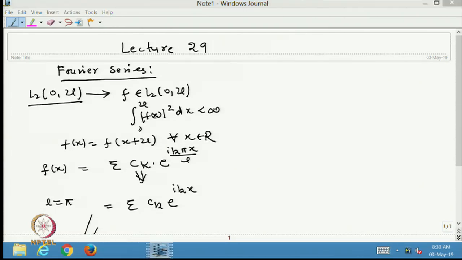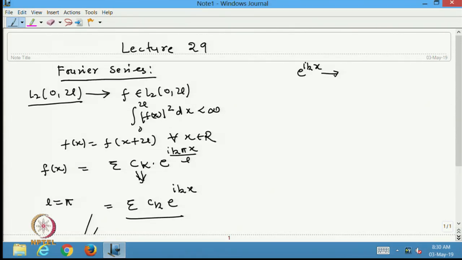Here you look at one thing: e to the power ikx gives you an orthonormal basis for the space L2 on 0 to 2 pi for different k belonging to Z. Here basically k runs from minus infinity to infinity.